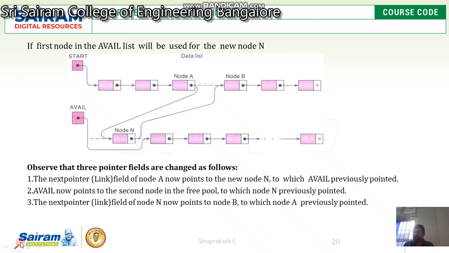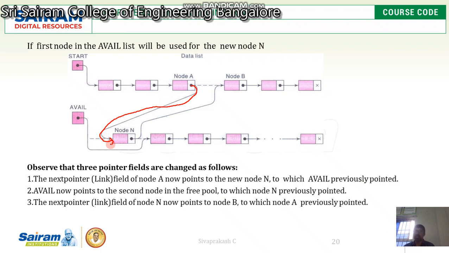We can see that there are three changes that have happened. So the next pointer or the link field now points to the new node. Look at this. This has happened. What happened with avail?